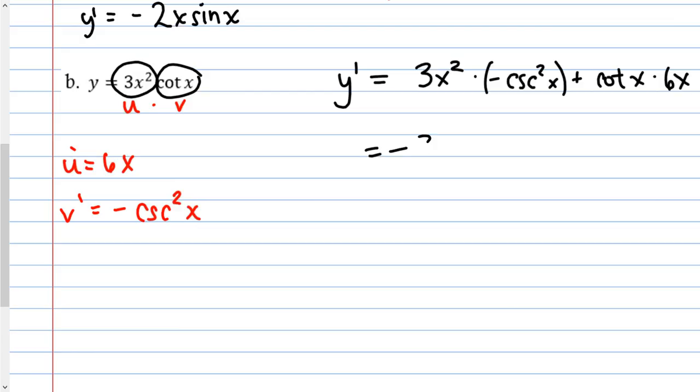So negative 3x squared cosecant squared x plus 6x cotangent x, and there's my answer. That's a C, by the way. Looks like a little P. I don't know. And there you go. I don't really see much that can be done here. Well, cosecant is 1 over sine, and cotangent is cosine over sine. But no, we're good. Next.